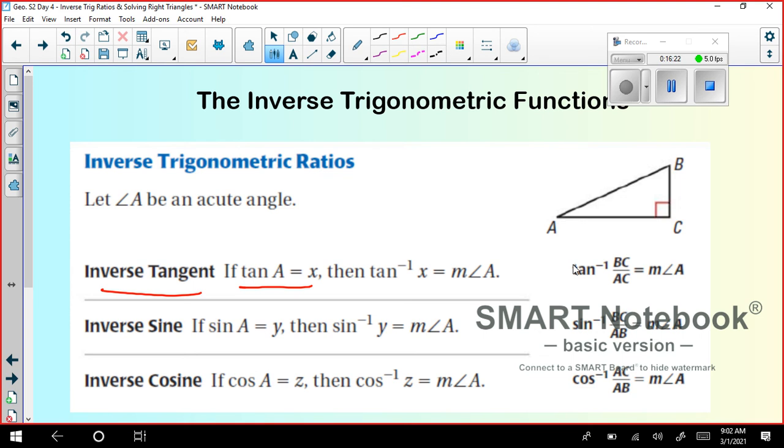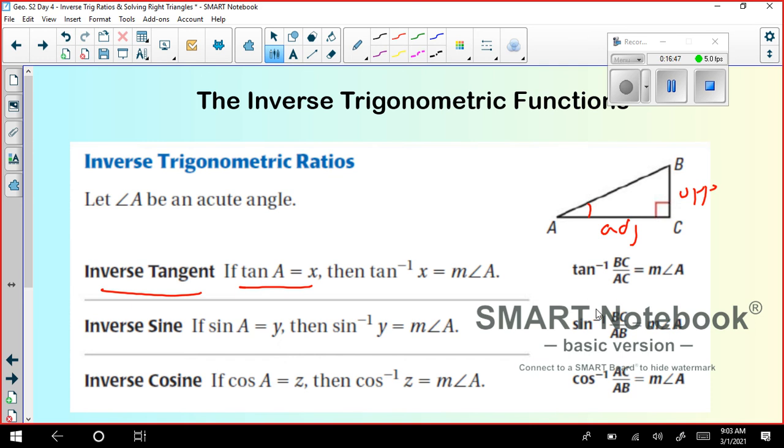Supposing I know that this is 90 degrees, but I don't have these angles. If I have the measures of BC over AC, with reference to angle A, this is your opposite and this is your adjacent. Tan inverse of BC over AC will give you the measure of this particular angle.